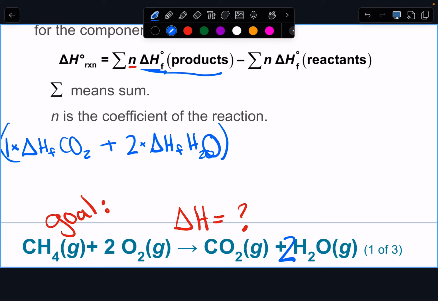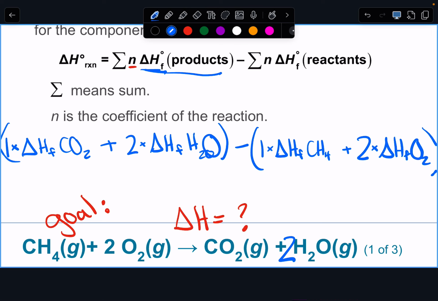So that's our products. Minus our reactants, delta H of formation of CH4 plus 2 times the delta H of formation of O2.